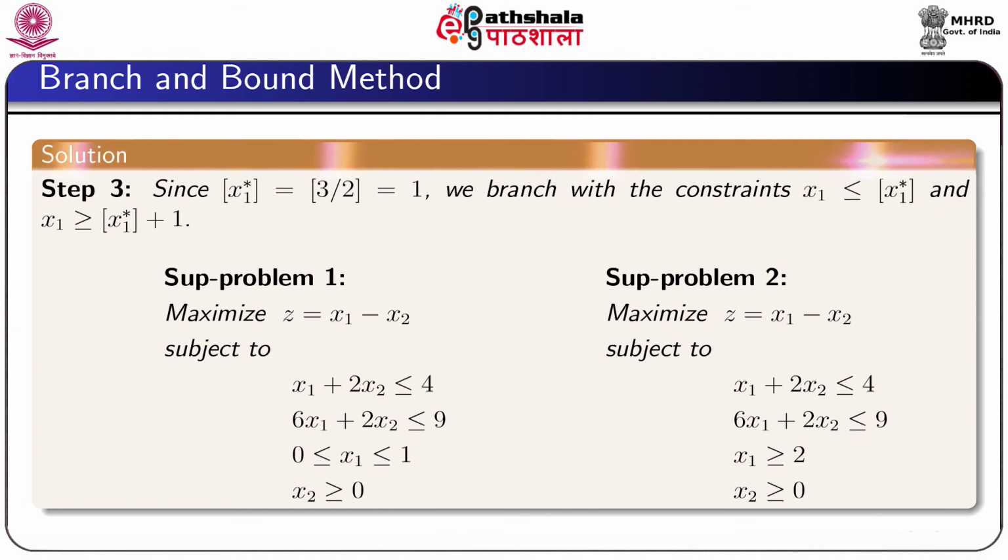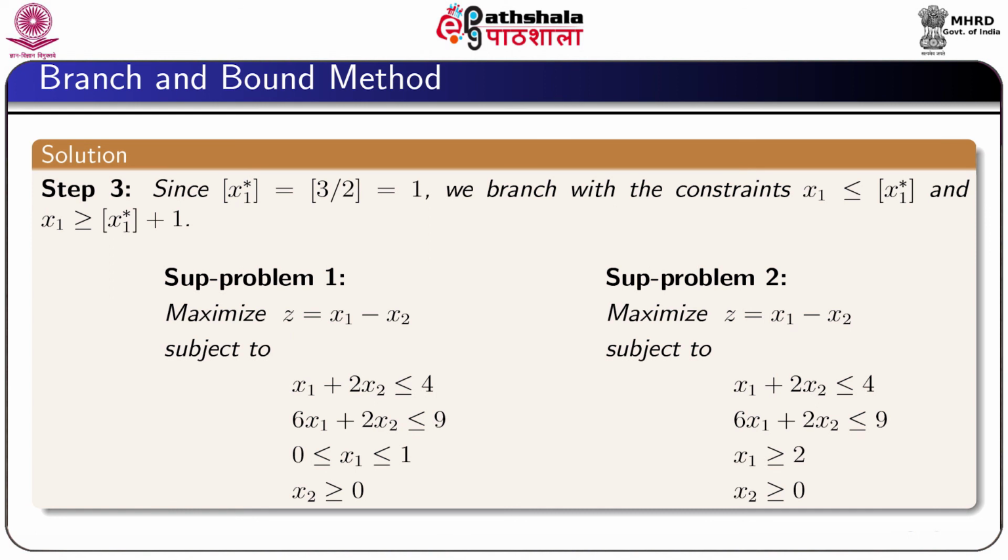Now, since the greatest integer contained in x1 star is 1, we branch with the constraints x1 less than or equal to the greatest integer contained in x1 star, and x1 greater than or equal to the greatest integer contained in x1 star plus 1.